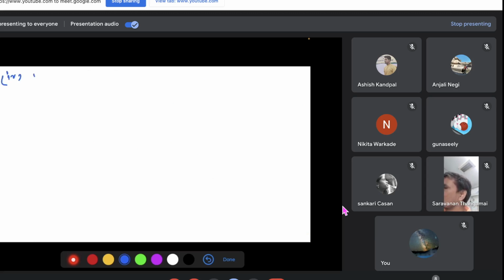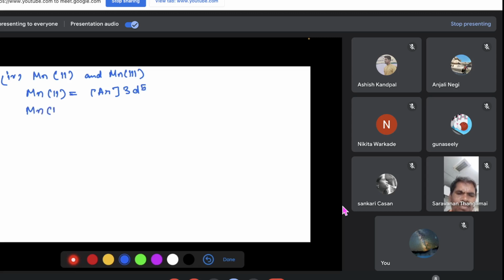In the last case, Mn2+ and Mn3+. My Mn2+ is actually argon 3d5, and my Mn3+ is actually argon 3d4.